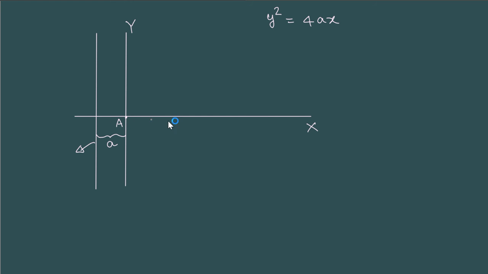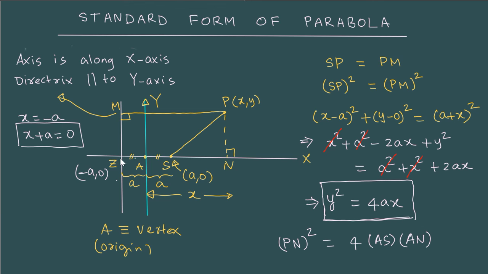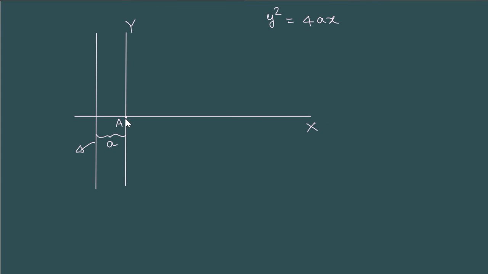We have divided the distance between the directrix and the focus into two equal parts. Okay, so if you take a look at this point A, this is going to be on the parabola, because the distance of point A from the focus is equal to its distance from the directrix. So A is bound to be on the parabola. Okay, so this is the vertex and this is our directrix.